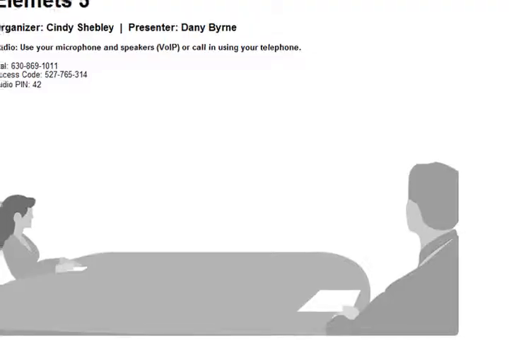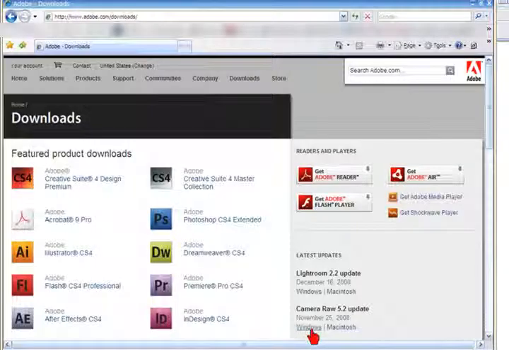Now I want to show everyone how they can use Camera Raw, whether or not they have a big fancy digital SLR or just a tiny pocket point and shoot. What you need to do is go to www.adobe.com/downloads, and you'll see down here it says Camera Raw 5.2 update for Windows or for Mac.